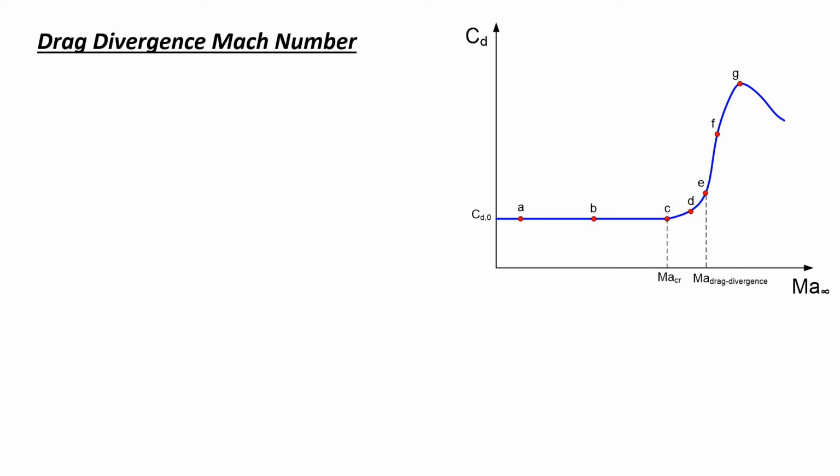I have indicated the critical Mach number at point C, and the so-called drag divergence Mach number at point E. There are also multiple points A, B, C, D, E, F, G. Let's explain what happens on this curve of C_D versus M_infinity.